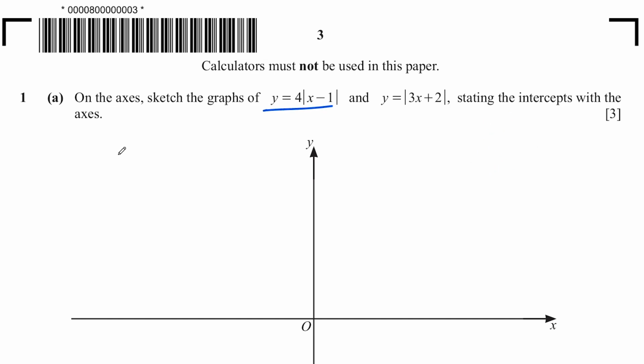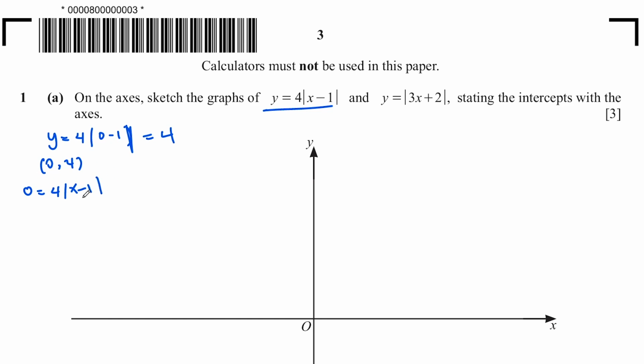For the y equals |4x minus 1|, first we want to find the y-intercept. So we set x to be 0. Right, so here we will be getting a positive 4. Inside here is a negative, but the modulus sign will make it a positive. So our y-intercept for this will be (0, 4). And to find the x-intercept, we set y equals to 0.